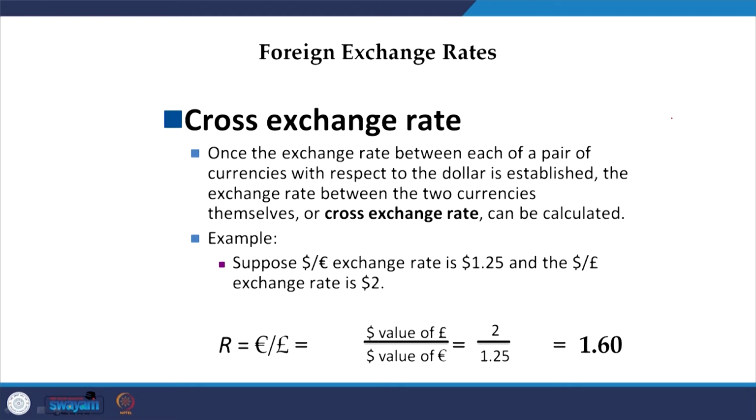And the pound exchange rate is $2. Now, why is it so? It is basically divided, 2 divided by 1.25.